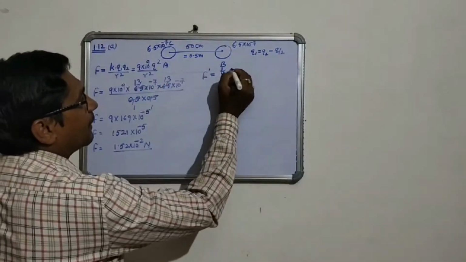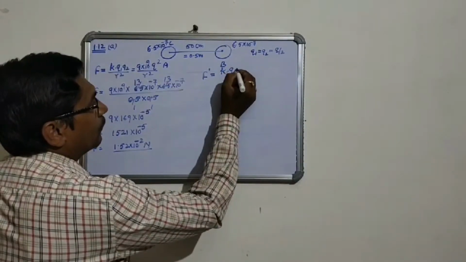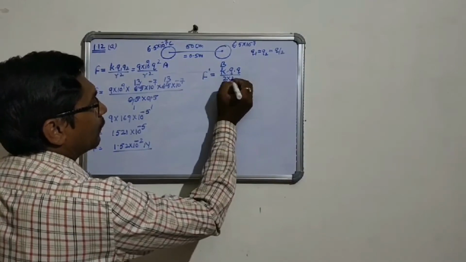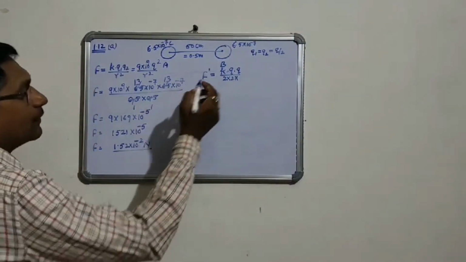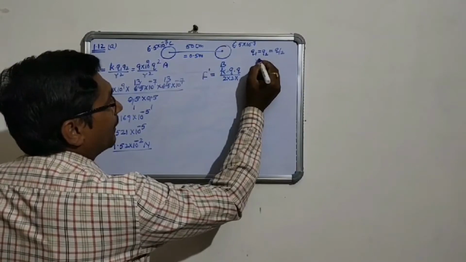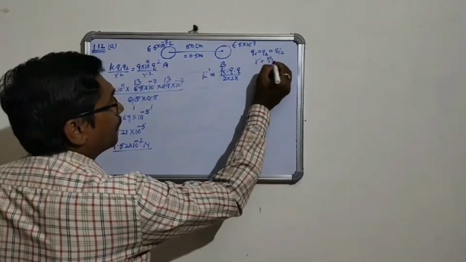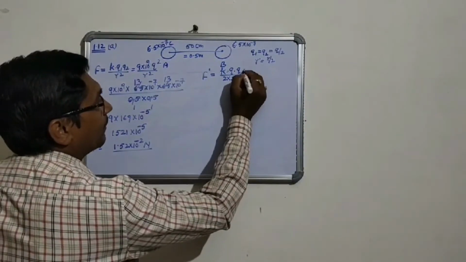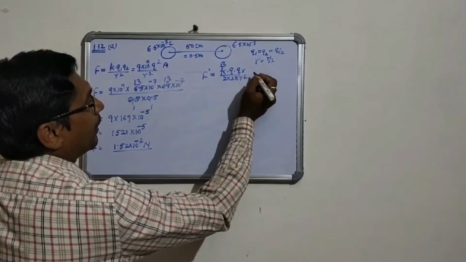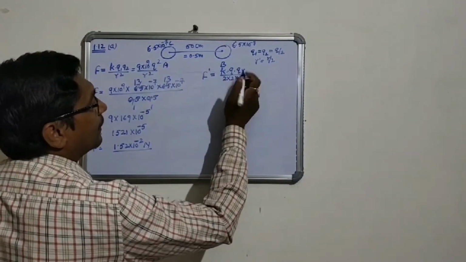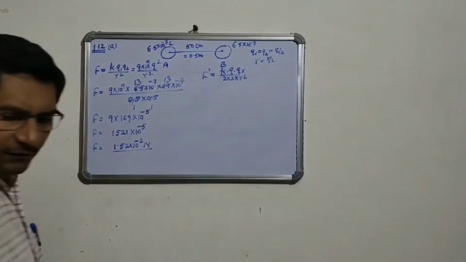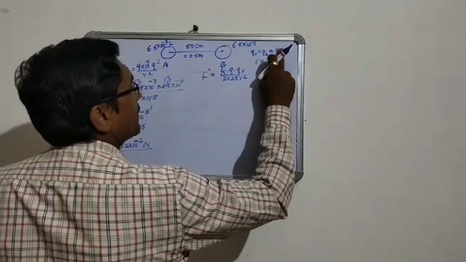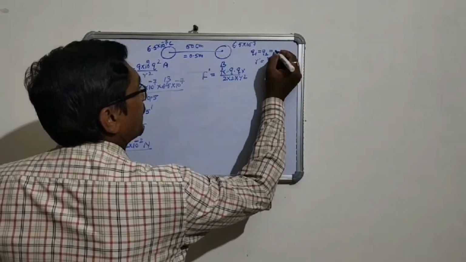And the distance is halved, so R dash equals to R by 2. It means the charge is halved. Sorry, the charge is doubled. Then it is 2Q.